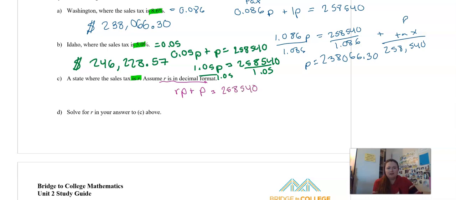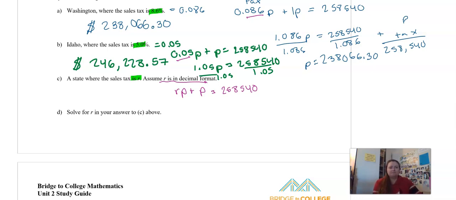Every time I had the sales tax, I'm putting R instead. So in my original equation where it was 0.086P or 0.05P, I'm now putting R instead of that number. Okay, and I don't have to account for it being a decimal because we already did that.